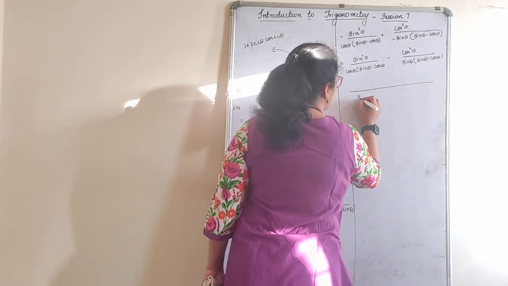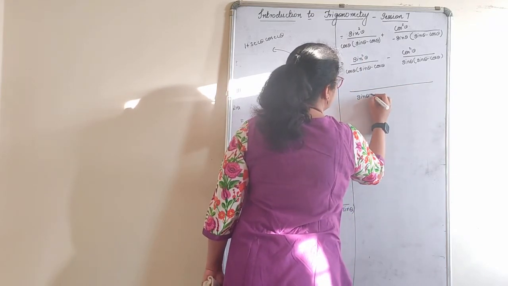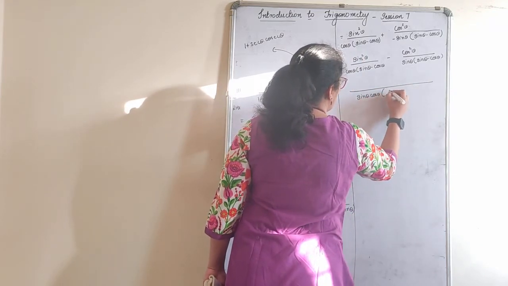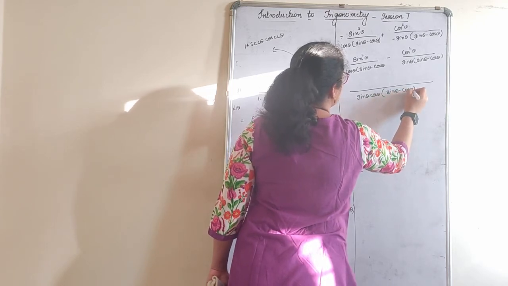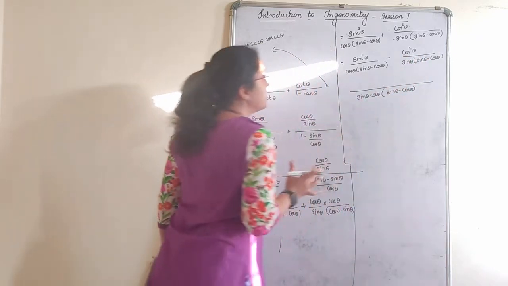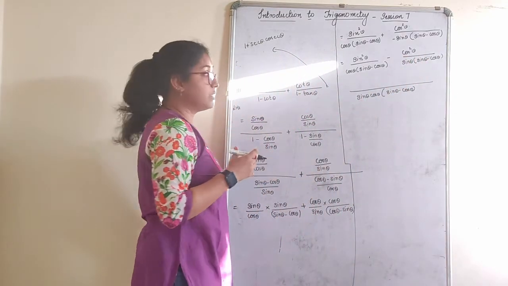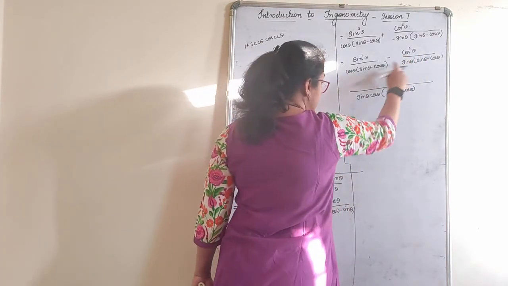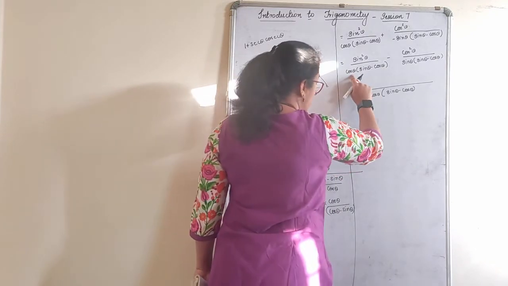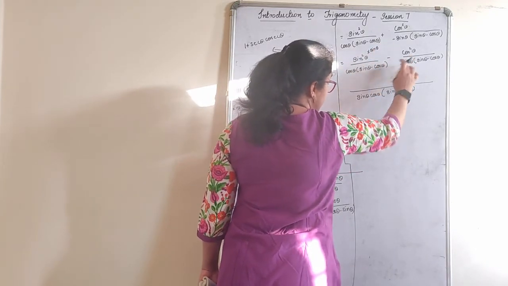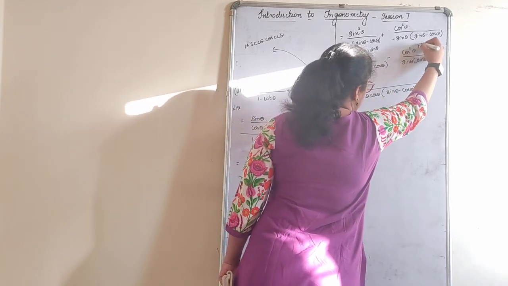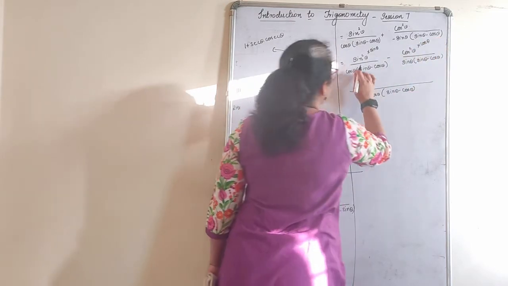What is the LCM? LCM is sine theta into cos theta of sine theta minus cos theta. Sine theta cos theta we have in both the parts. The only thing we don't have is cos and sine here. Cos is there, multiply this by sine theta. Sine is there, we want cos, multiply this by cos theta.